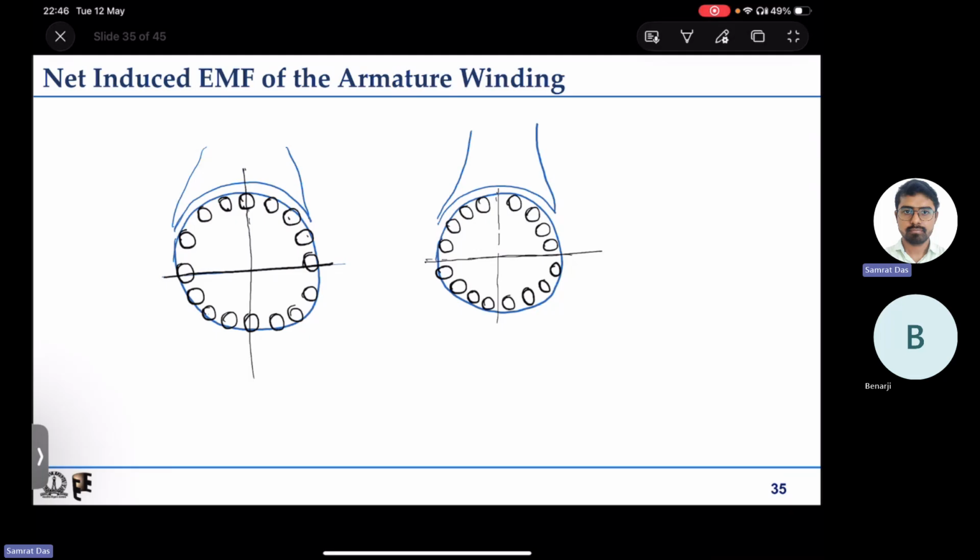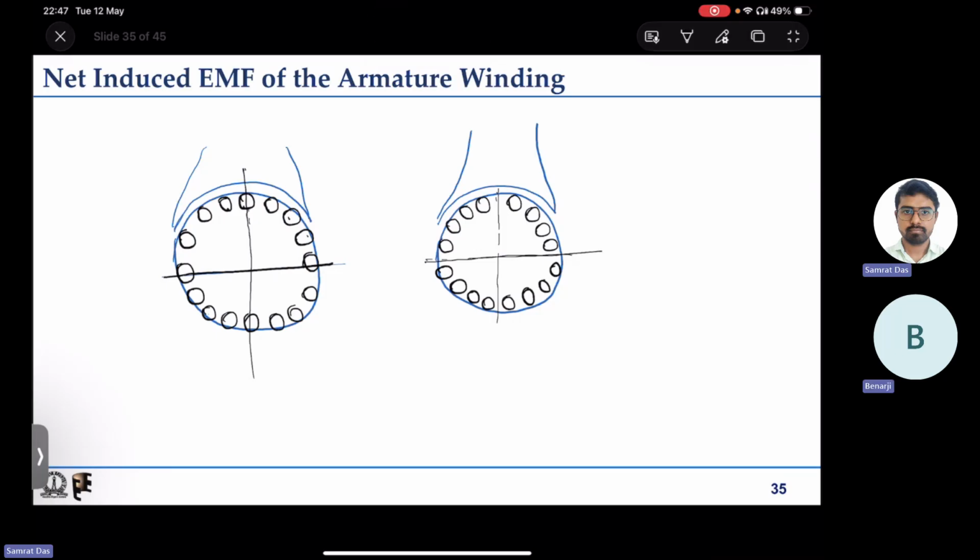Do you see the difference in the two cases? First of all, do you understand the two different cases I have drawn? Can you see the vertical and horizontal lines?